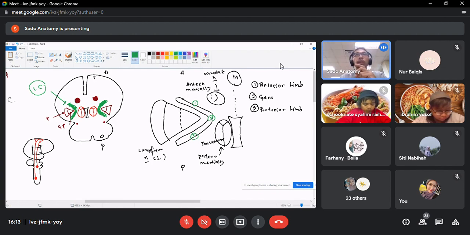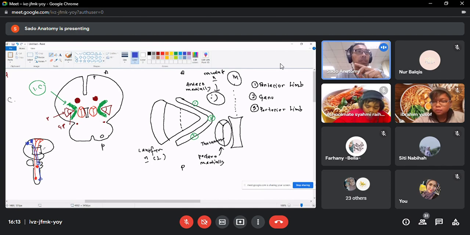And also, whatever impulse from your motor area moving downward goes to your brainstem, or from your cerebral cortex moving downward goes to your spinal cord, every fiber for this motor pathway must go through your internal capsule.